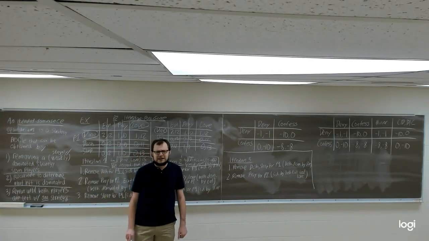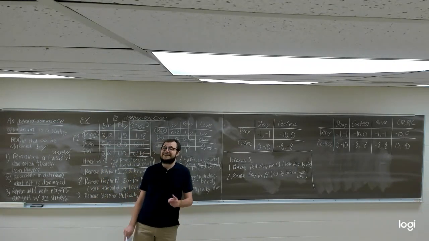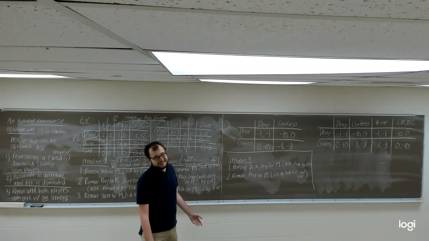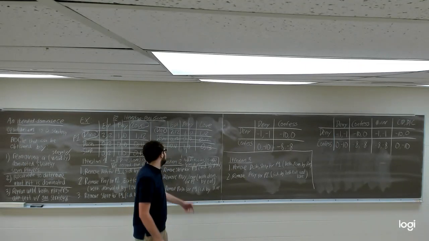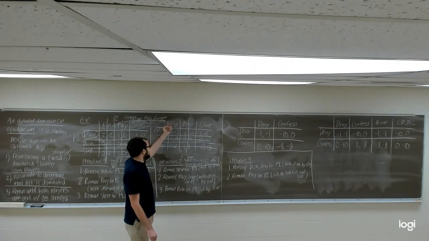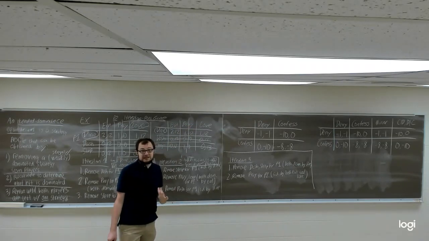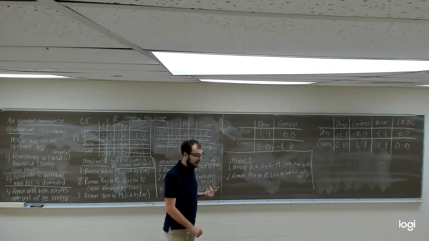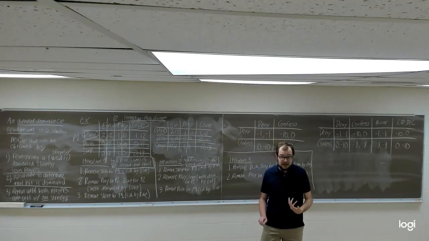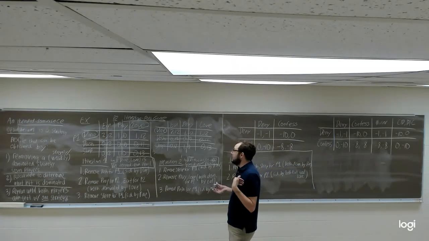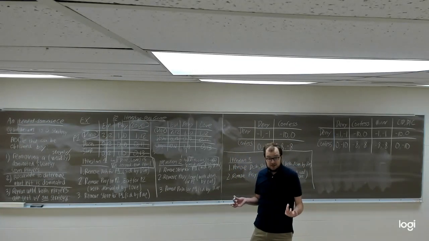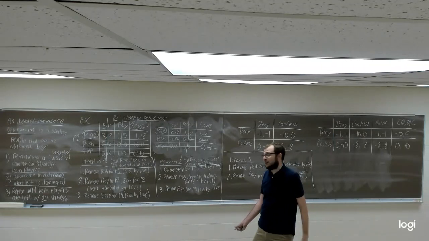Which one can we eliminate? See, that's the tricky thing. We can't eliminate either of the strategies because out of what's left for player 2, eating and loving give them the exact same payoff. Eat doesn't dominate love with what's left, and love doesn't dominate eat with what's left. Because player 2 gets the same payoff either way.